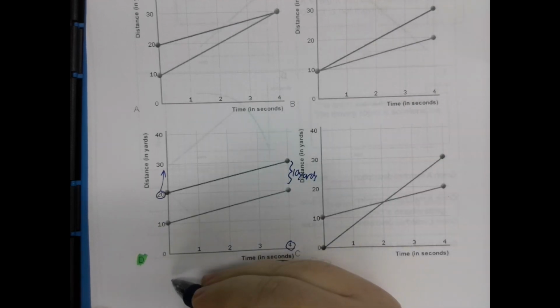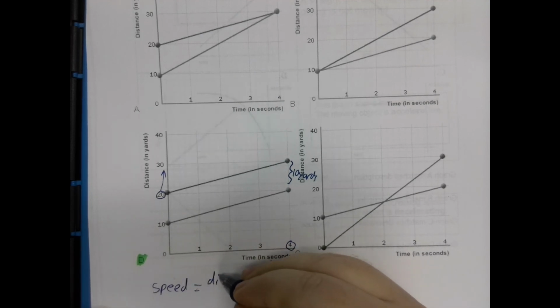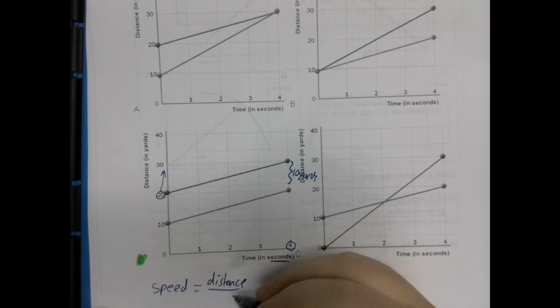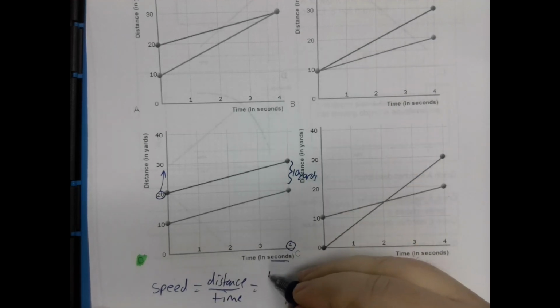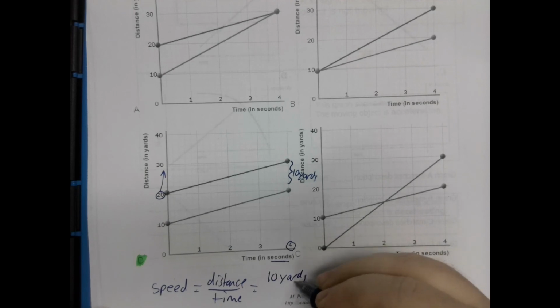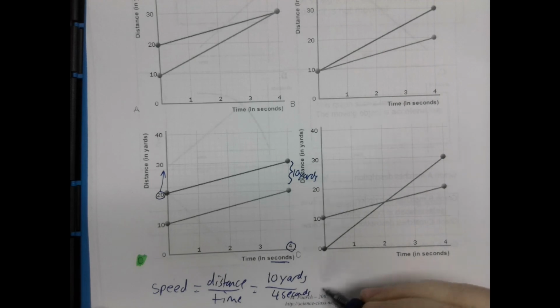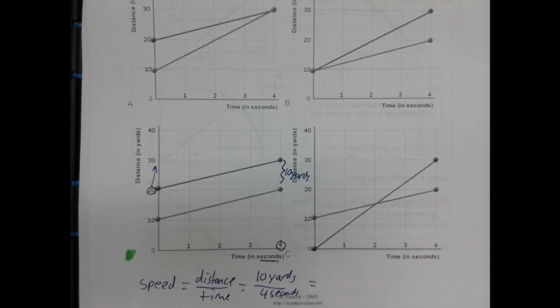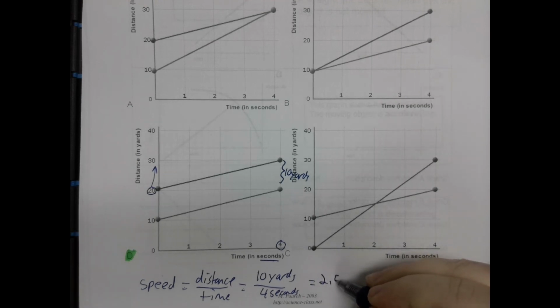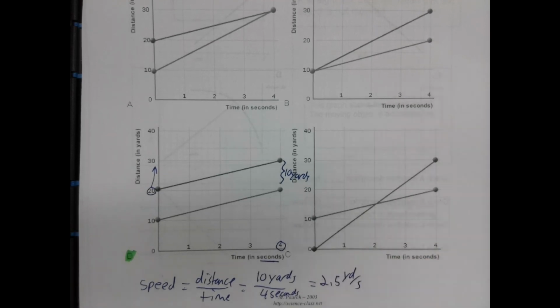Speed is equal to distance over time. He did this in 4 seconds, and so that's 2.5 yards per second.